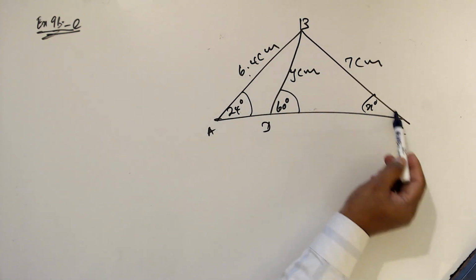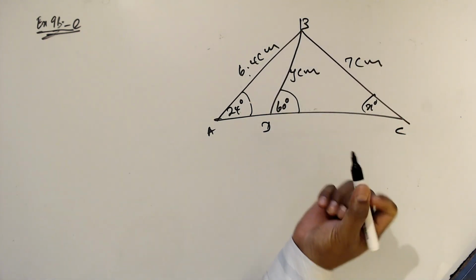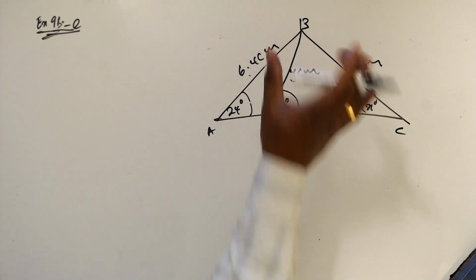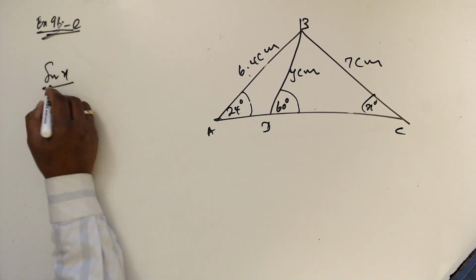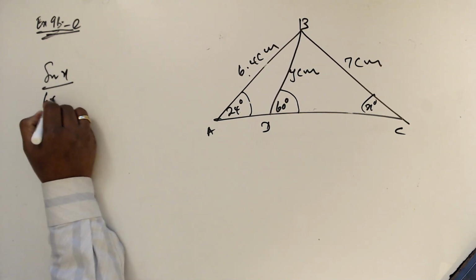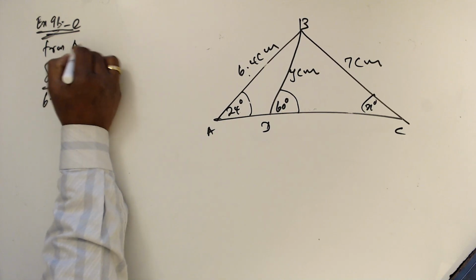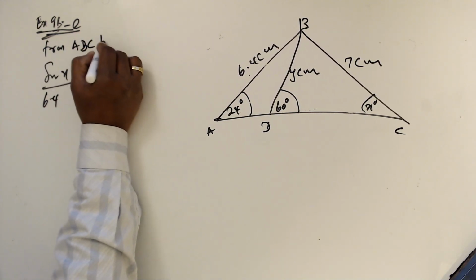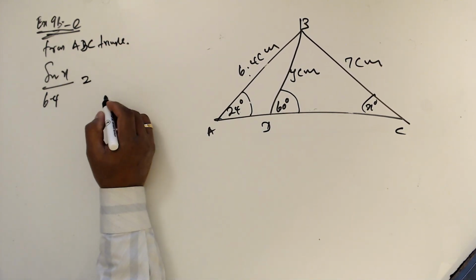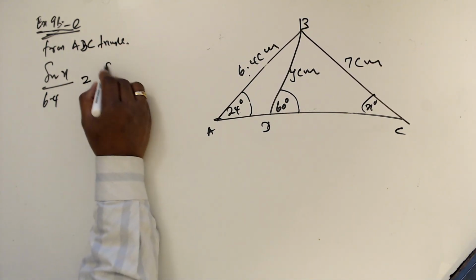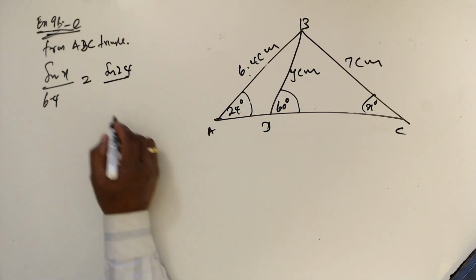And if I consider the whole triangle, so this is known data. Then this is the other pair. I can find x. So sine x over 6.4 from the bigger triangle ABC equals sine 24 over 7.